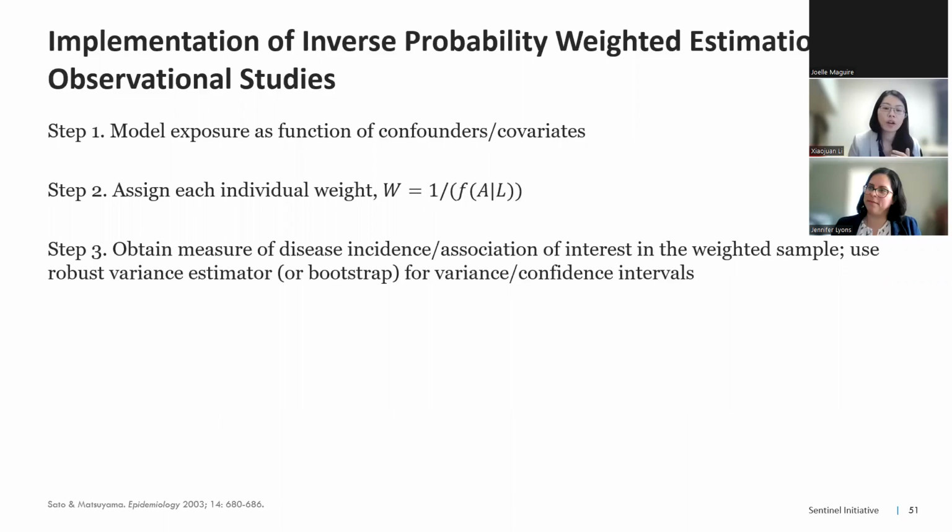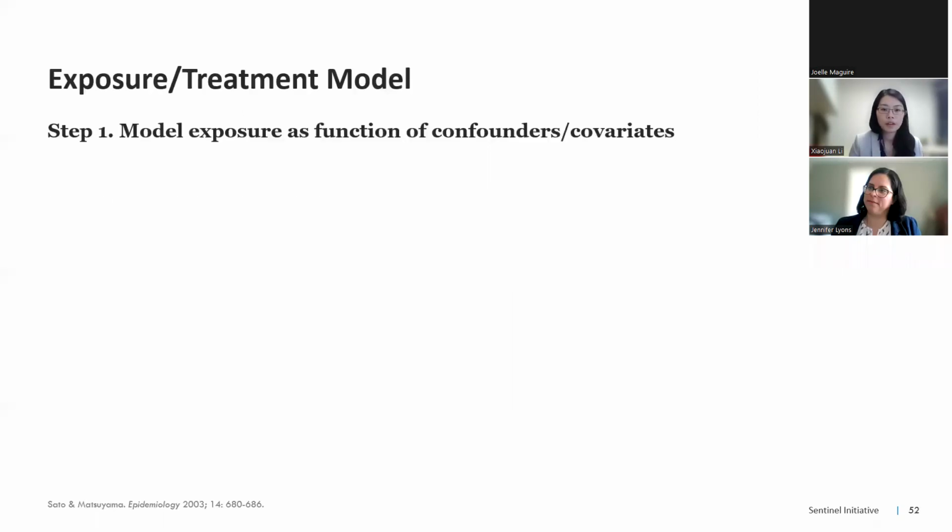Because the weights are estimated and unknown, and also because we're using weights, which induces within-subject correlation, we need to use the robust variance estimator or bootstrap-based methods for variance estimation to account for this uncertainty in the weights. Now let's take some time to discuss each of these 3 steps in more detail.